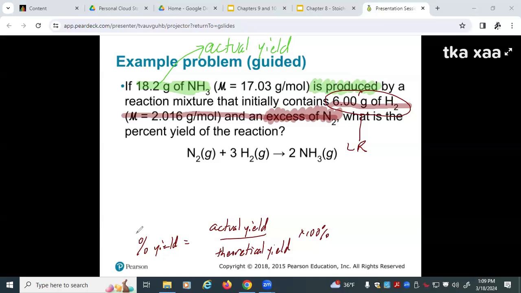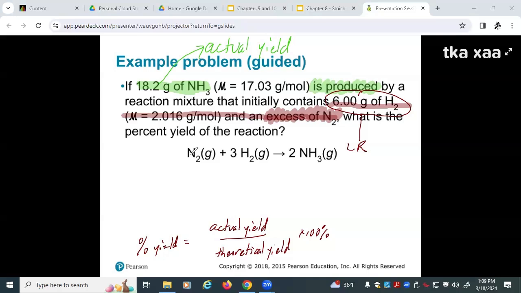I have the actual yield, 18.2 grams. What I don't have yet is the theoretical. Theoretical yield I get by calculating the limiting reactant and turning it into product.